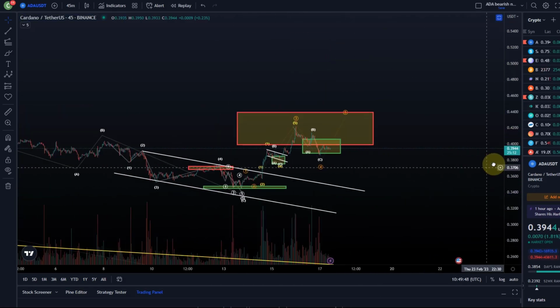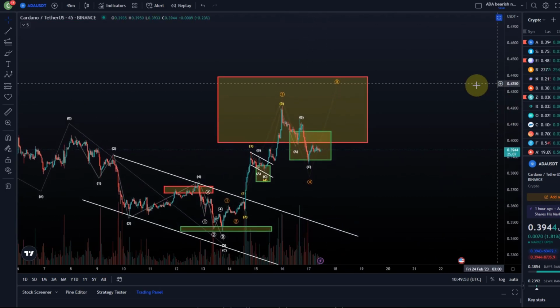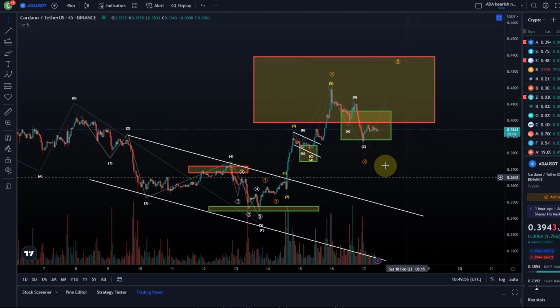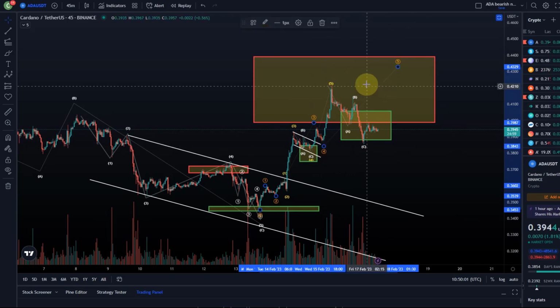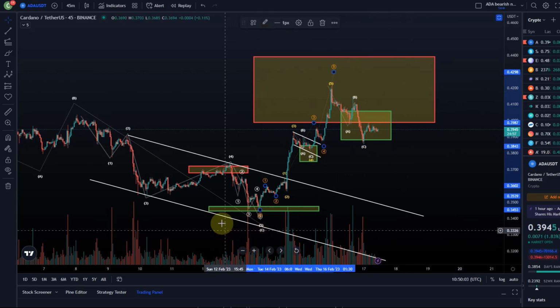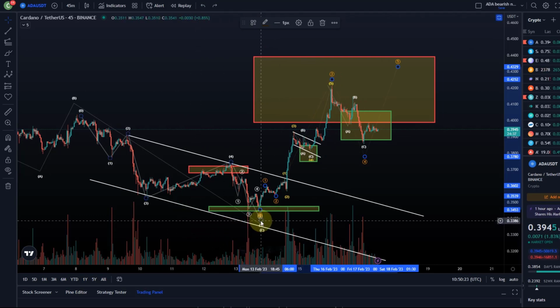But of course this is still a support area, and what I cannot rule out, and that's just another scenario here on the micro level, I did highlight that yesterday, is that this here was a third already, this was the fourth, and that we rally in a 5, and that means here we've got 5 waves complete already, that this is now a wave 2, but also this should be complete now because we have a clear ABC structure. In addition to that, it's not my primary expectation because this wave 4 was very short, and I think this count, as I had it before, just fits much better.